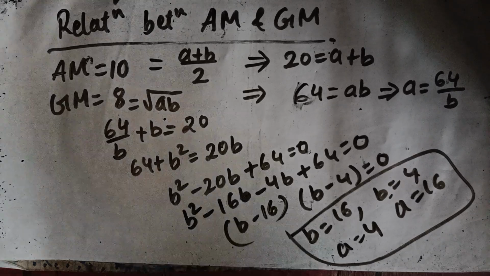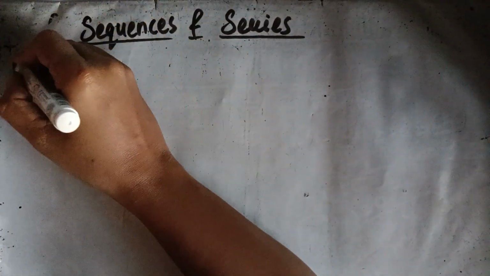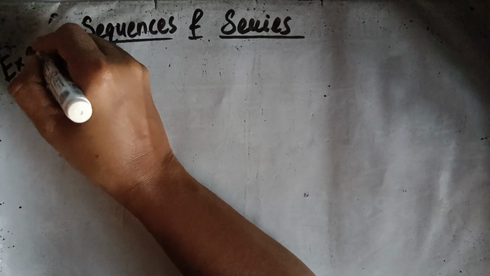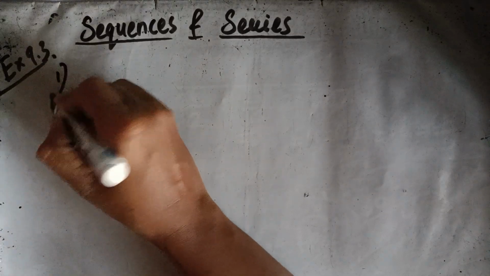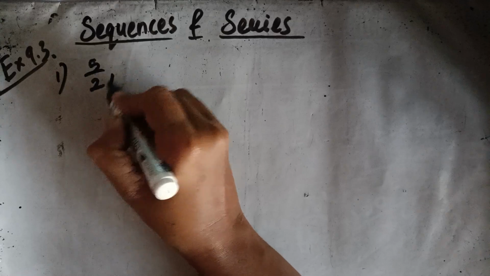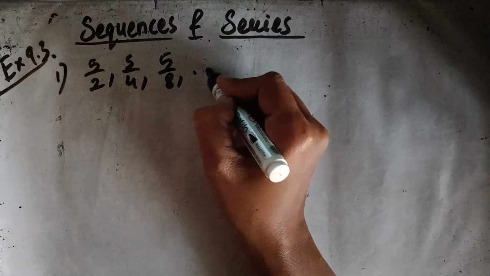Let's solve exercise 9.3. First question, you have to find the 20th and nth term of the GP 5 by 2, 5 by 4, 5 by 8 and so on.